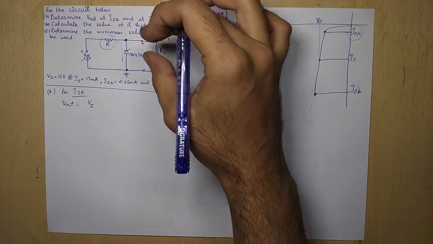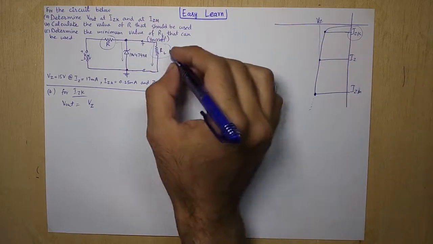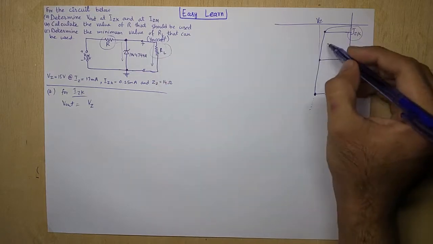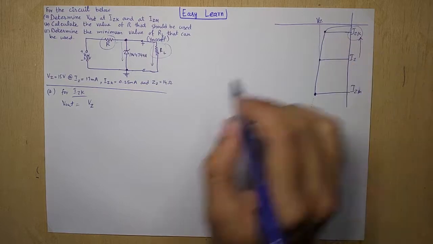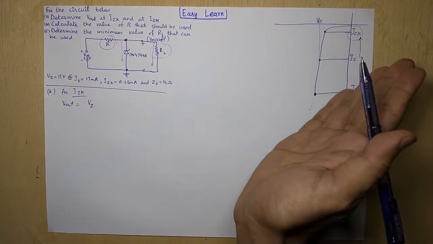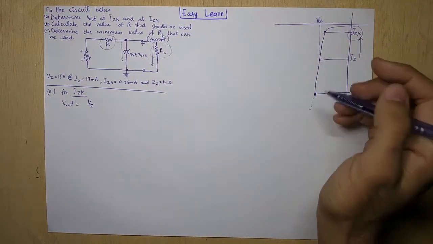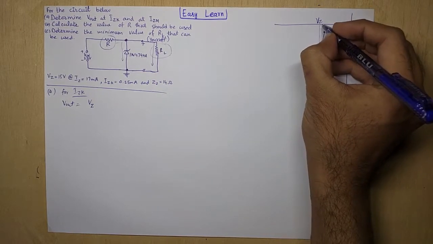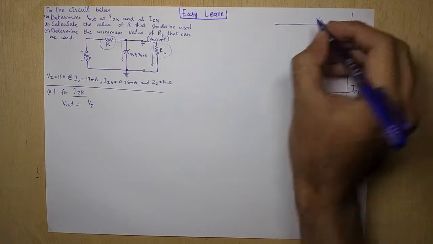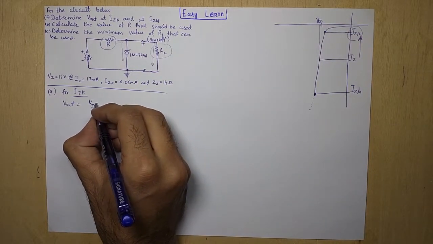But when we add some load, and the load is heavy, our current will definitely be reduced towards this side, and this is IZK. Then if our current is reduced, it is understood that by changing the current from this point, a little bit of change will occur in the regulation. So it will definitely be subtracted.